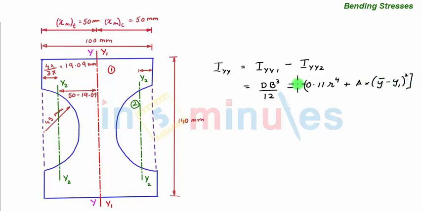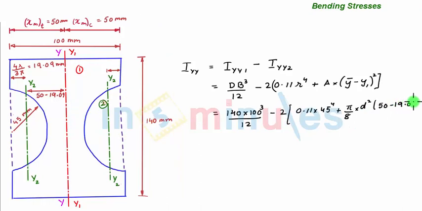multiply it by 2. So we have db cube by 12, which is 140 into 100 cube by 12, the moment of inertia of the bigger rectangle, minus 2 times 0.11 into 45 to the power 4 plus the area, which is the area of the semicircular disc, pi by 8 into d square, multiplied by the distance of 50 minus 19.09 the whole square.